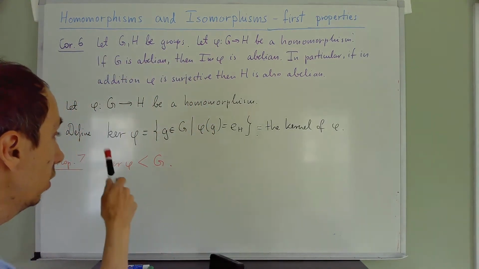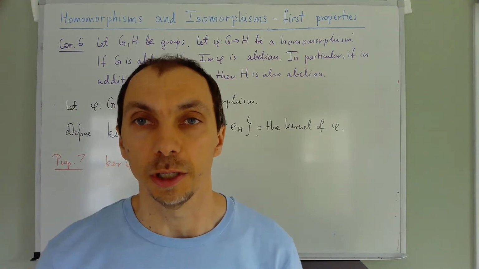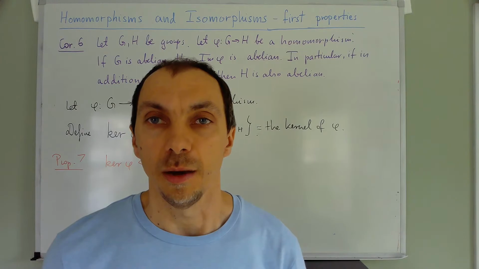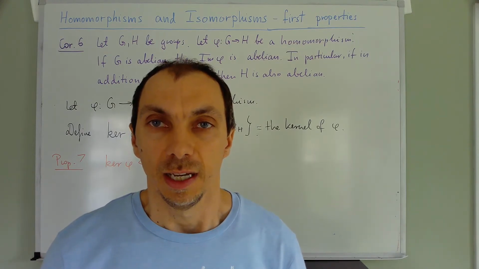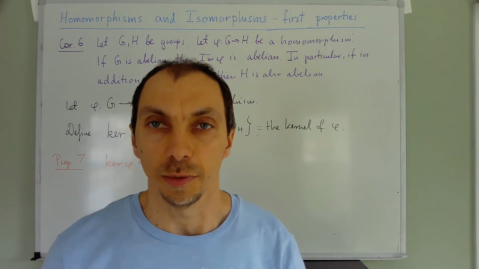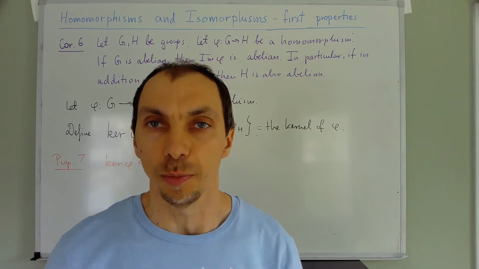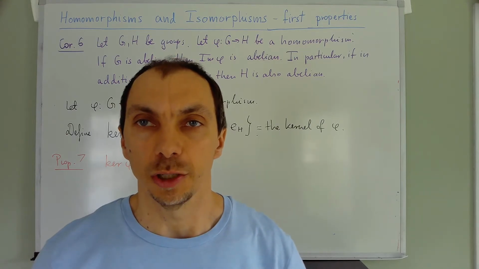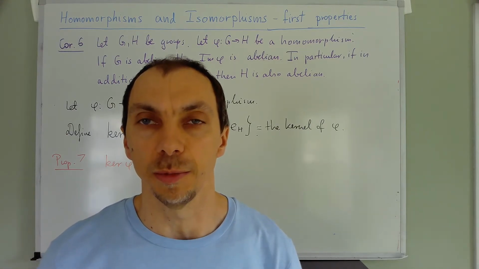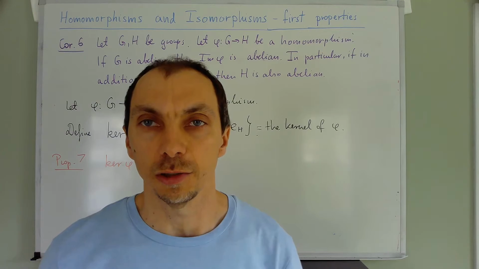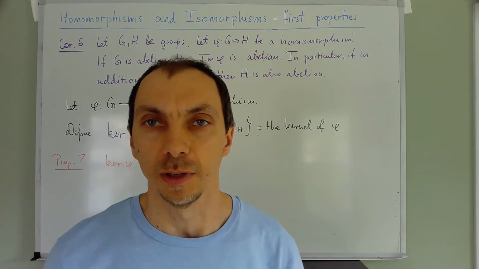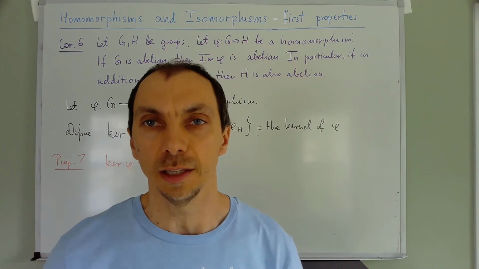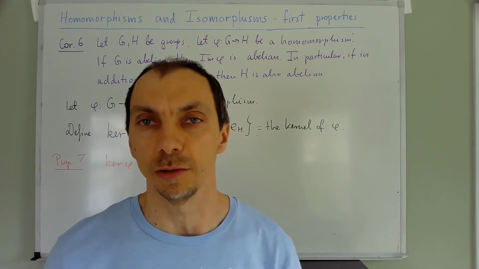Now, you might know these notions of kernel and image from linear algebra. And you might wonder if there's a relation here. When you think about it, every vector space is a group under addition. So if you have a linear transformation from vector space V to vector space W, it turns out that the linear transformation is a group homomorphism from this one vector space, which you can treat as a group under addition, to the other vector space, which you can treat as a group under addition.